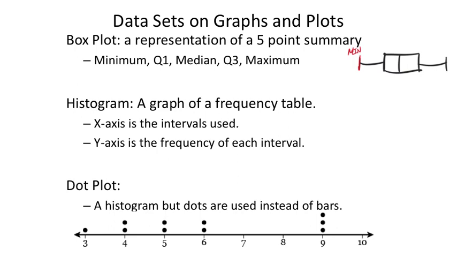The line furthest to the right is a maximum. The line right in the middle is the median. And then the outer ends of the box, the left end of the box right here in purple, that was what we called quartile 1. And then the right end of the box we called quartile 3.